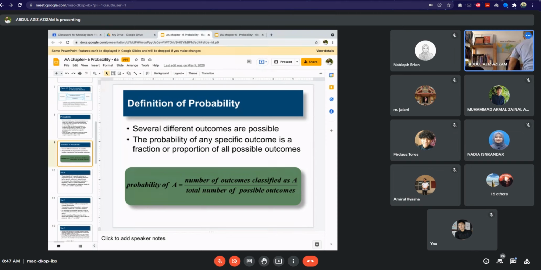Okay, example lain. Next example. Sekejap. Ini duit 50 sen. Okay. So, kita nak cari kepala dengan ekor dia. Okay, kepala yang mana tu? Kepala nombor ke?